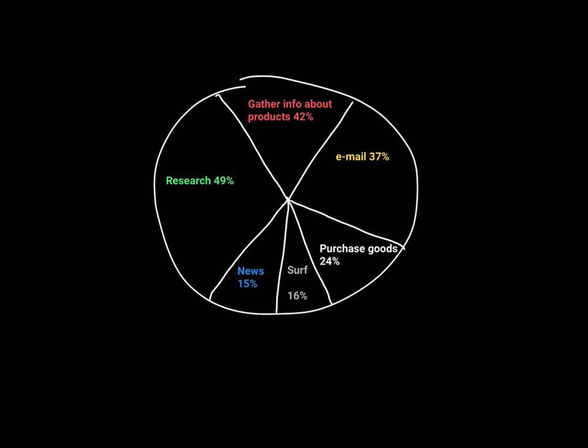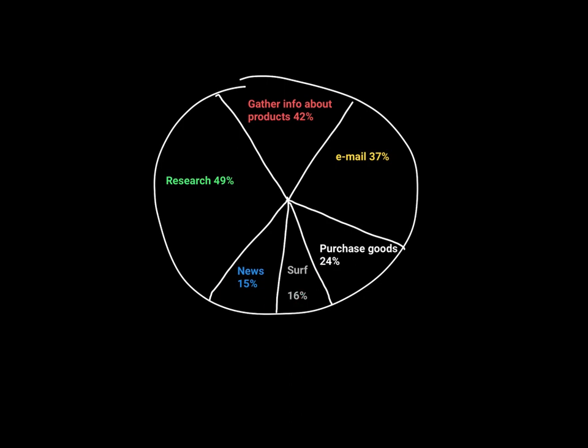Now, in a circle graph, the total circle represents a whole, represents 100%. So if you add up all the parts, you should get 100%. But this graph is misleading because if you add up all of these parts, what's 37 plus 42, 49, 15 plus 16, and 24?